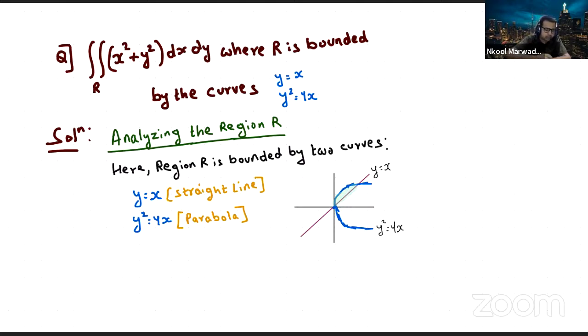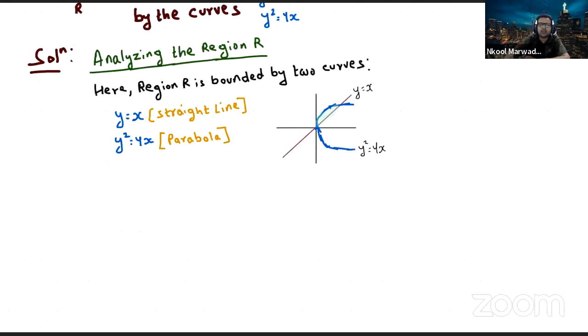Now what we have to do is determine the points of intersection, because once we get the points of intersection, we will get the limits. And once we get the limits of integration, we can very easily solve it. So in such questions, first we have to analyze the region. If we can draw it, we can draw it.